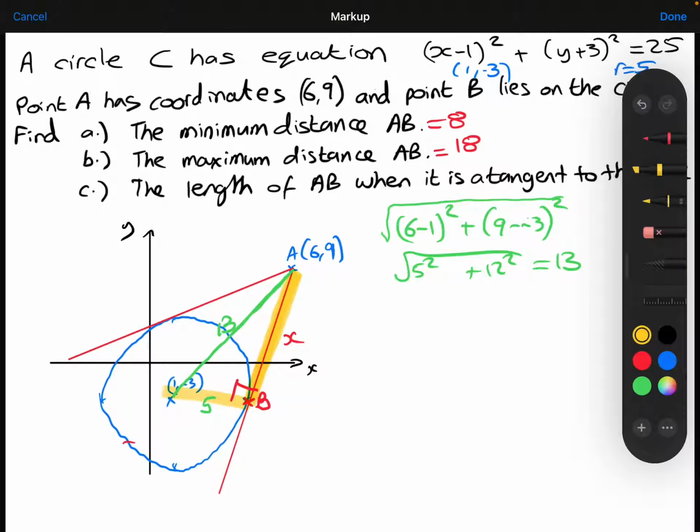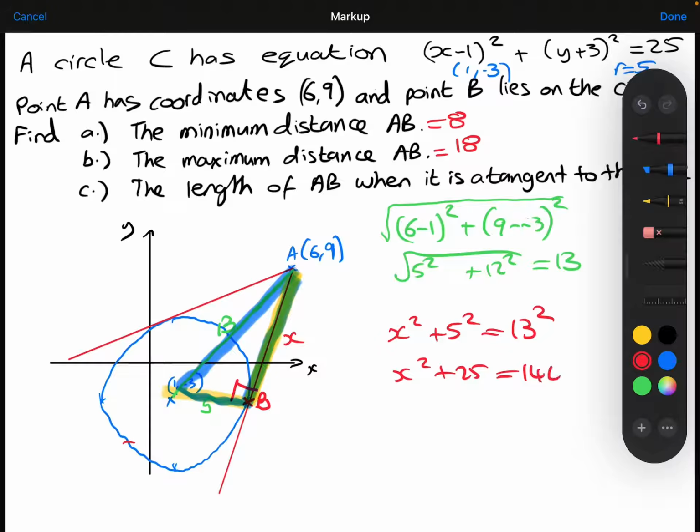Let me just highlight that right angle triangle. So we can do a little bit of Pythagoras. The length AB squared plus the radius squared is equal to the hypotenuse squared. And you can see that it's going to give me 12 here. We've got a 5, 12, 13 triangle. And so that's the answer for part C.